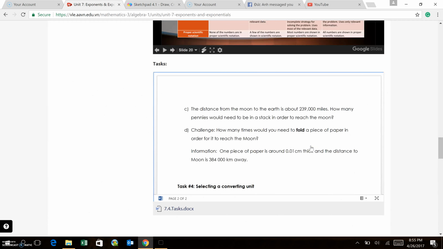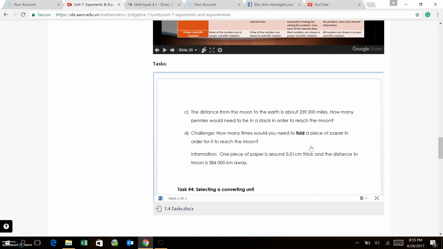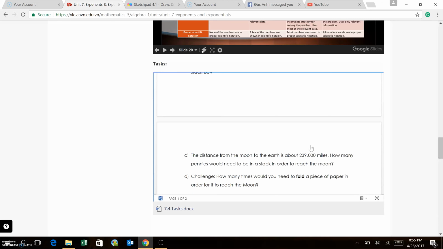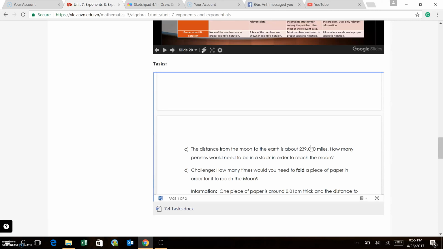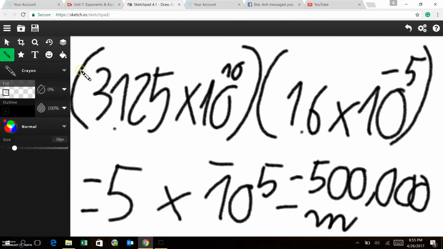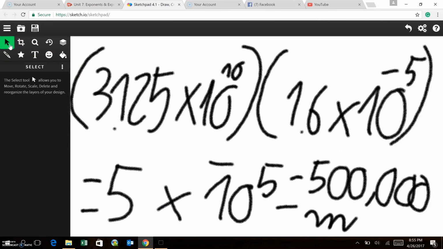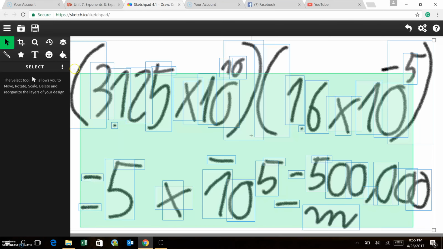Now let's move to question C. So it asks about the distance, it doesn't give the number of pennies anymore. It already gives you the distance. You have to find the number of pennies. So it's a little bit opposite, but it's not really hard.